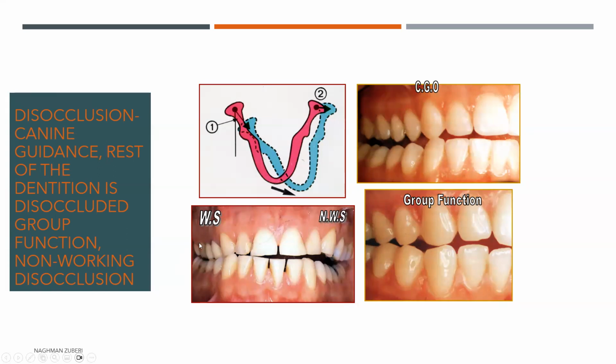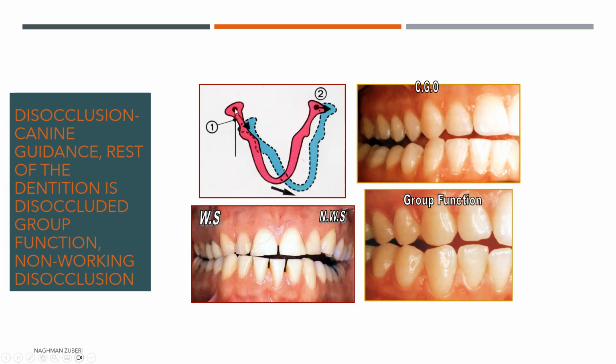The working side condyle is also known as the rotating condyle. Why rotating? It is just rotating in its orbit, whereas the non-working condyle is orbiting. It does not mean that the non-working condyle is not working. It even has to work more.